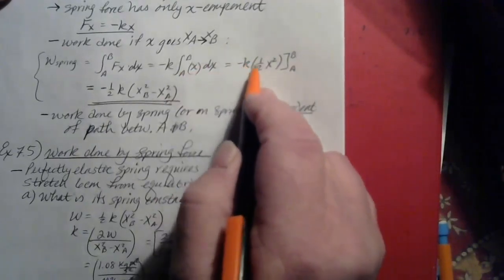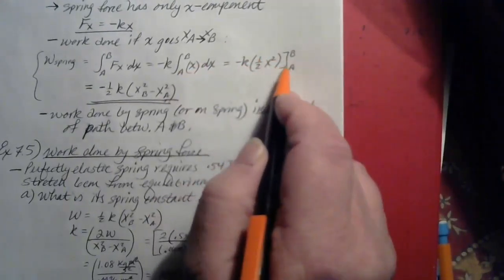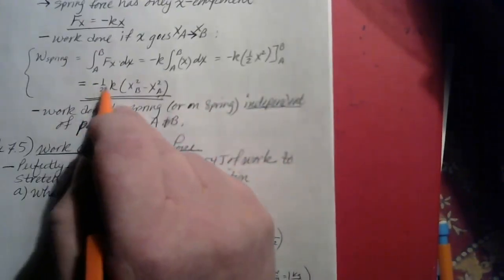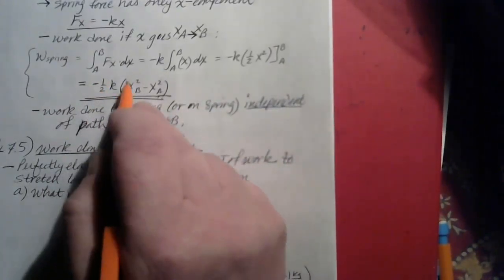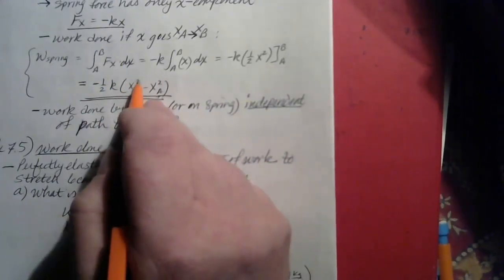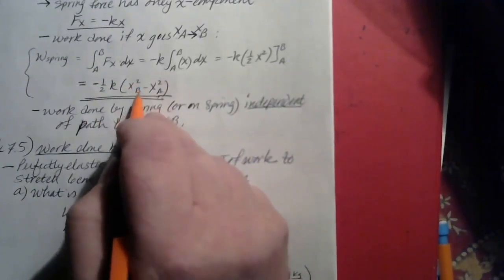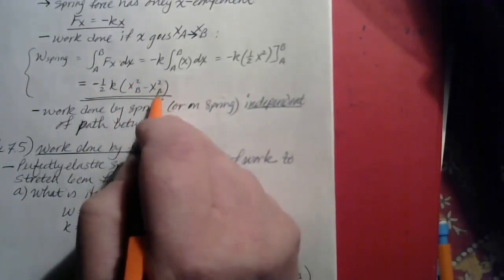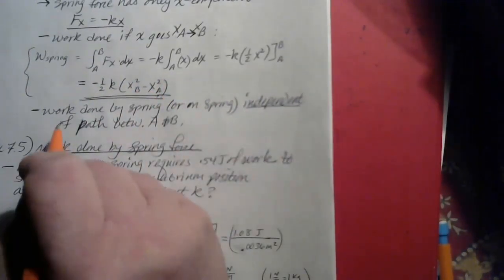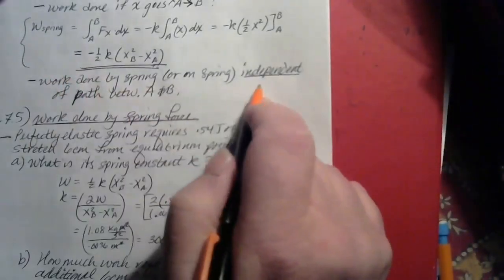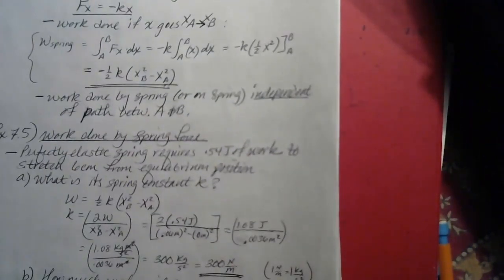So that's negative k times 1/2 x squared from A to B. Or in other words, negative 1/2 k times the x coordinate squared at point B minus the x coordinate squared at point A. Okay, and the work done by the spring or on the spring is independent of the path between A and B.